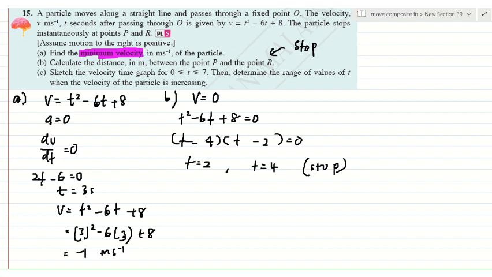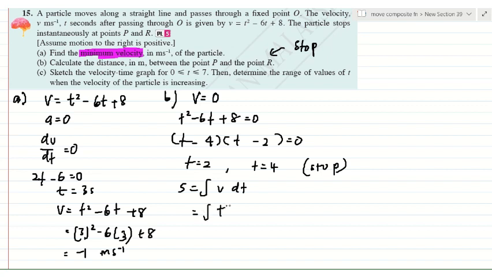Now we have to get the position of P and R. The position of P and R happens when t equal to 2 and t equal to 4. To get the position, we have to know the function of s. s is equal to what? Integration of velocity with respect to t.